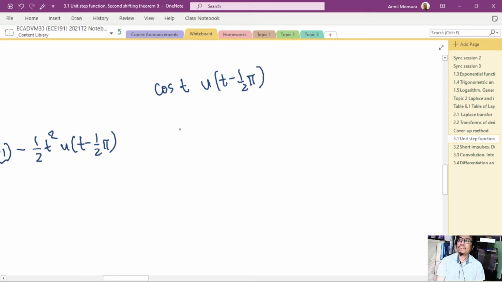The example itself has written this in this manner, and that's okay. My concern is this: if you are careless, you might accidentally write this as cosine of t u of t minus 1/2 pi.